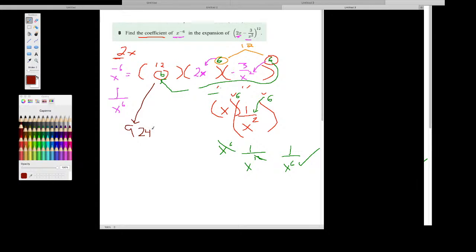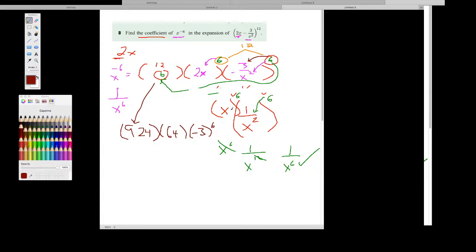2 to the power of 6, well, that we can do in our head. 2, 4, 8, 16, 32, 64. And the thing that we have to remember is that this 6 is going to go on this -3 as well. So don't forget that. This is -3 to the power of 6.